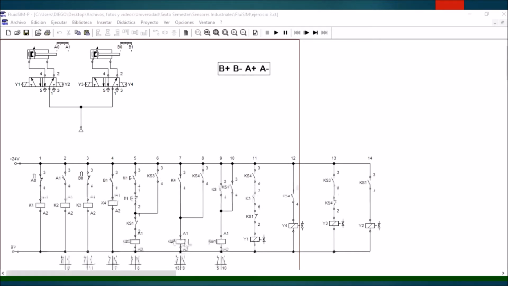This group does not function until this interrupter is closed. So this electrovalve energizes, and the cylinder passes to the position A1.